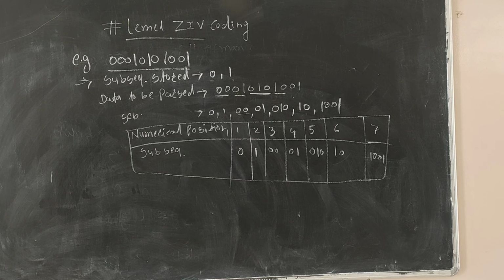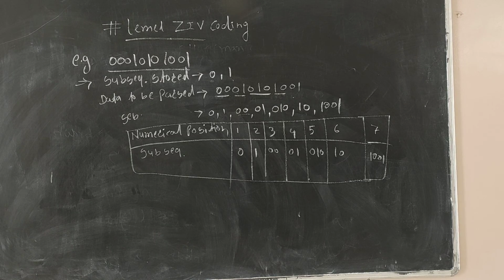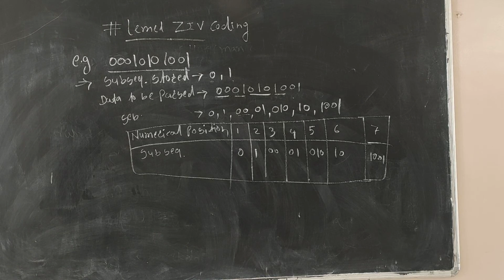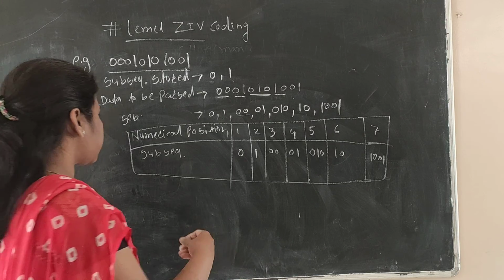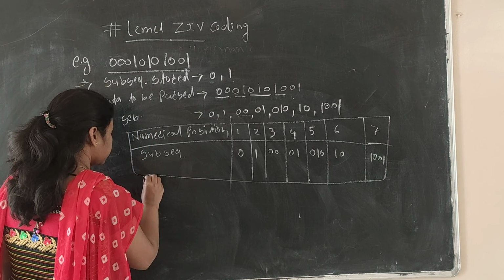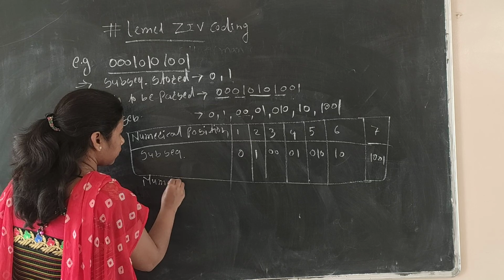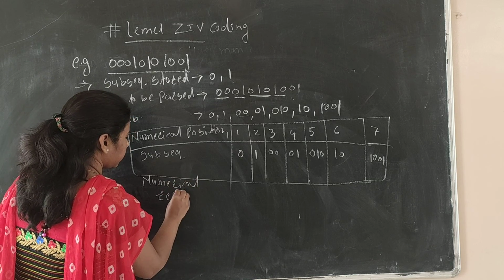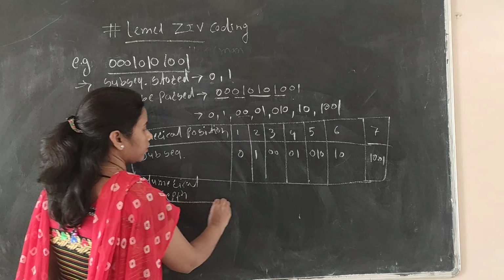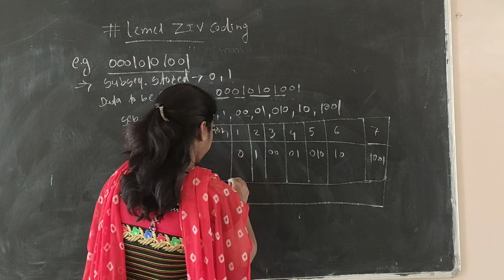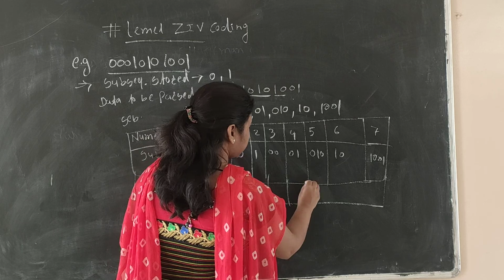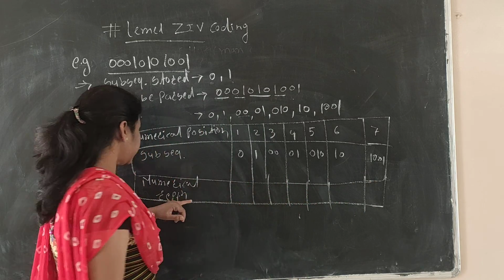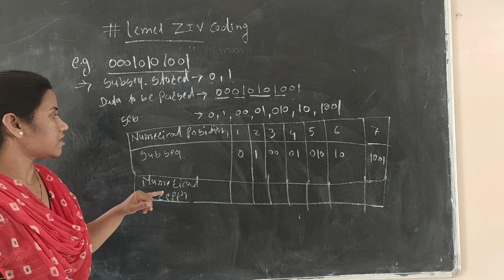Then we can write the numerical representation. The next step is the numerical representation. We can continue this table with a third row, which is the numerical representation.